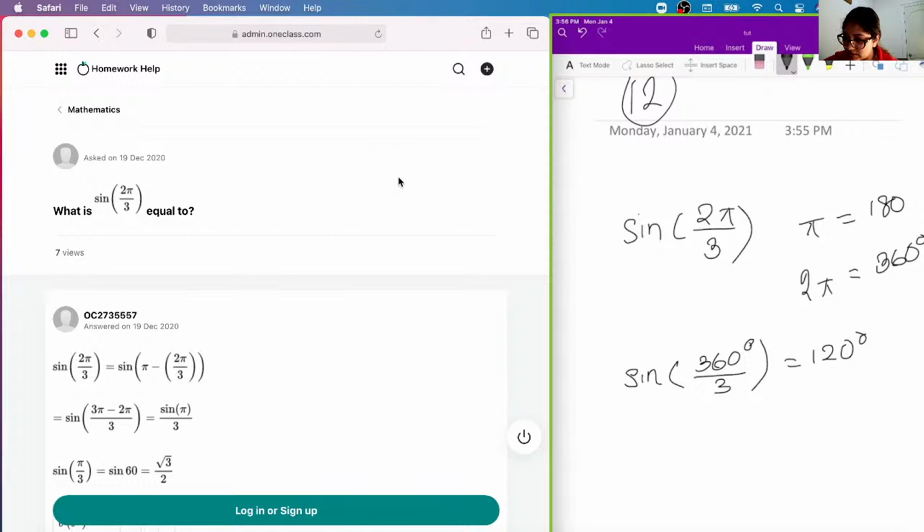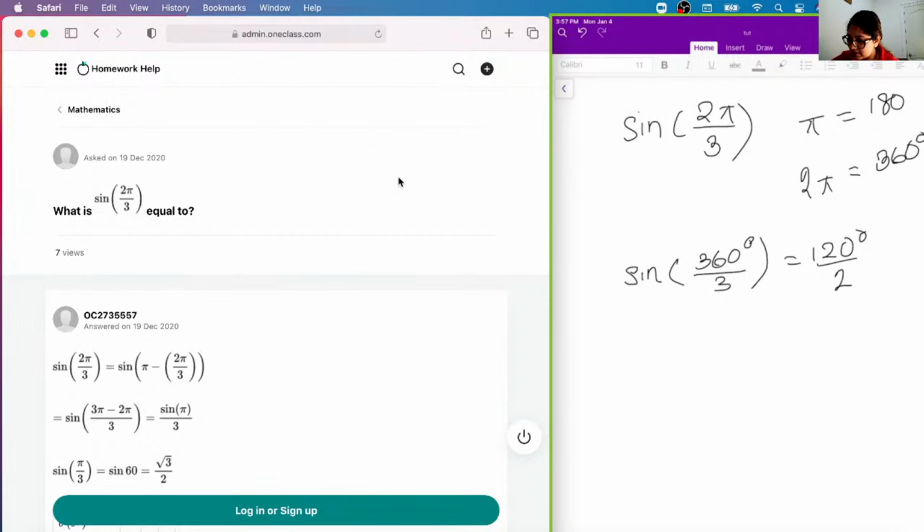And so since it's 180, we can also further simplify this by 2 to get it into a range of 0 and basically pi, or pi over 2. Okay, so we want to find an angle that is in between these two. So if you simplify this even more, you would get 60 degrees.